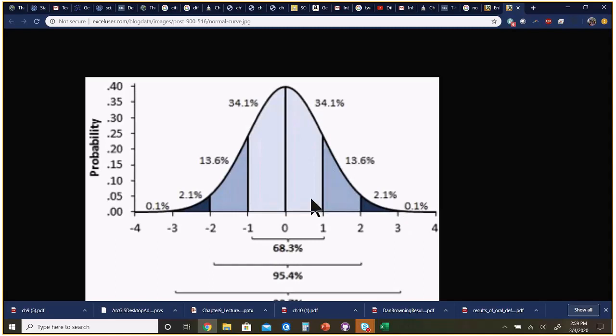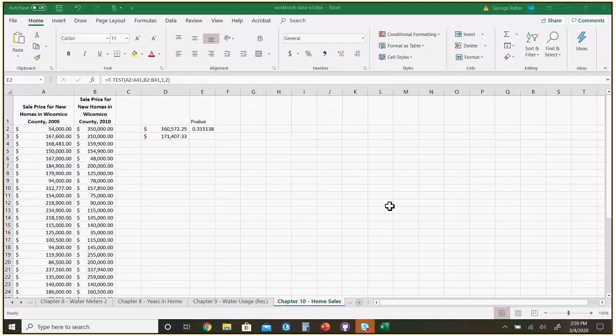And so the p-value represents the probability, in other words, the number of times that you could get that value or less given these two samples, a sample size of 40.